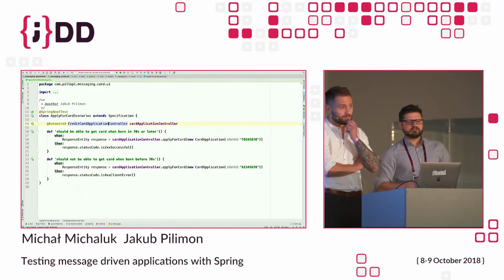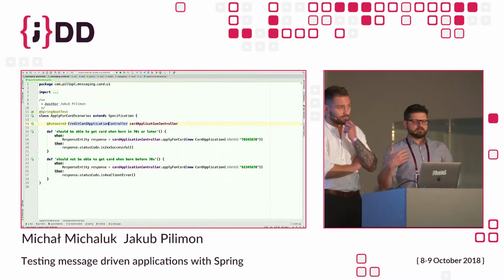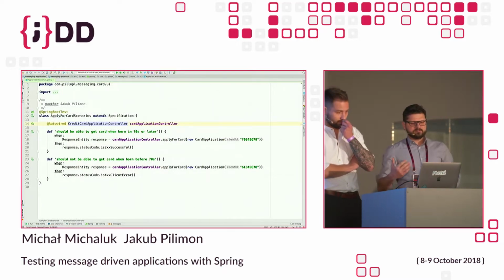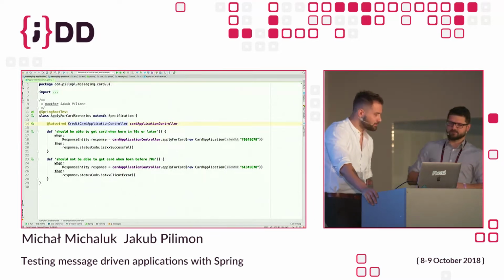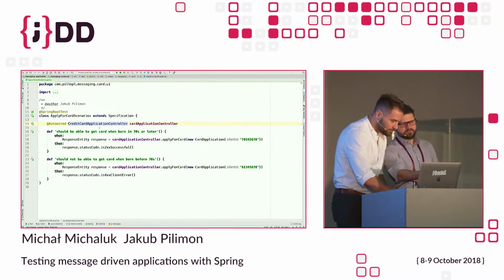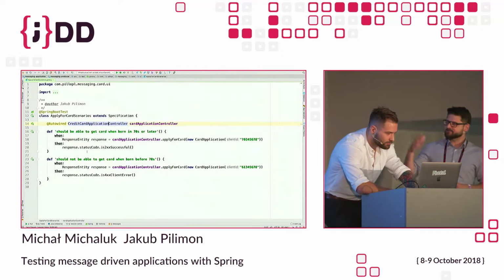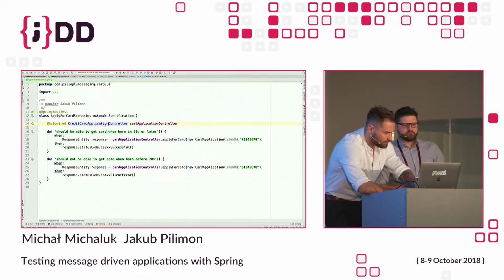If the client is born in the 70s or later, he will get the credit card. If the client is born before the 70s, we will reject his application. So it is a self-explaining test. We are returning success, 200 something, from the REST endpoint, and in the other case, we are returning 400 something when he's rejected.